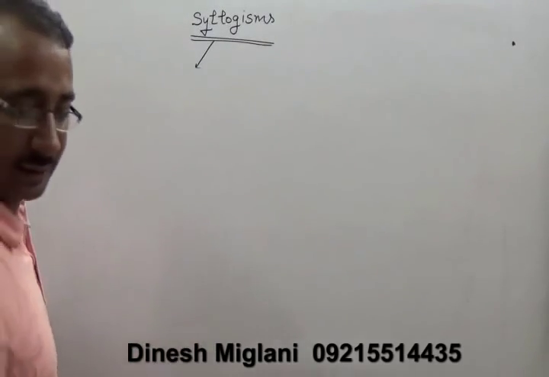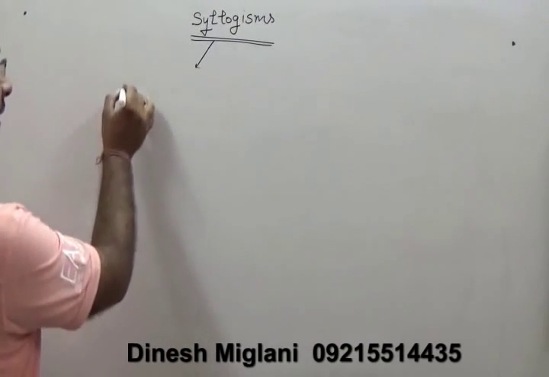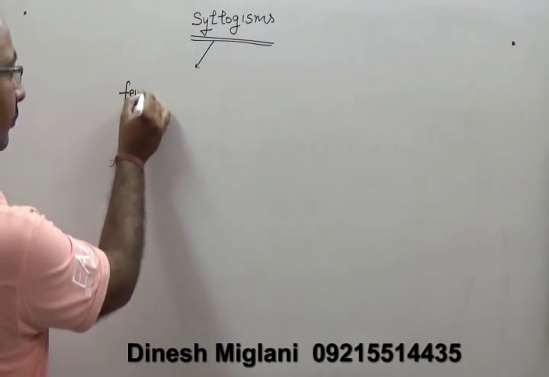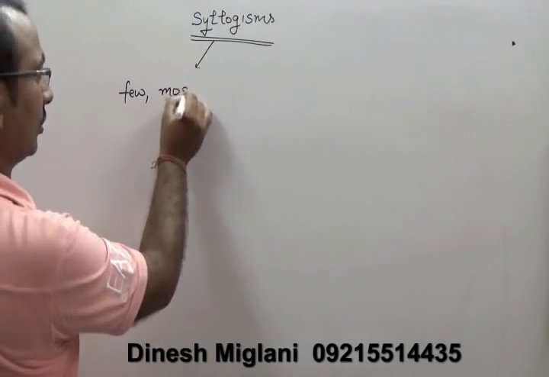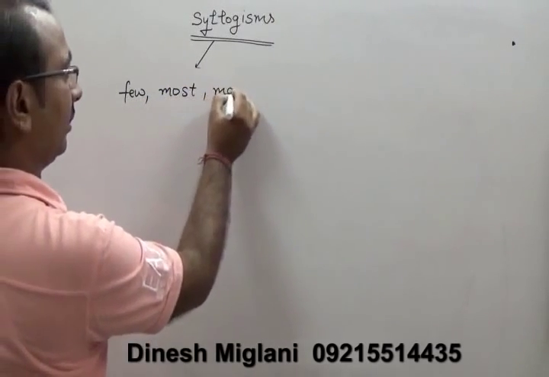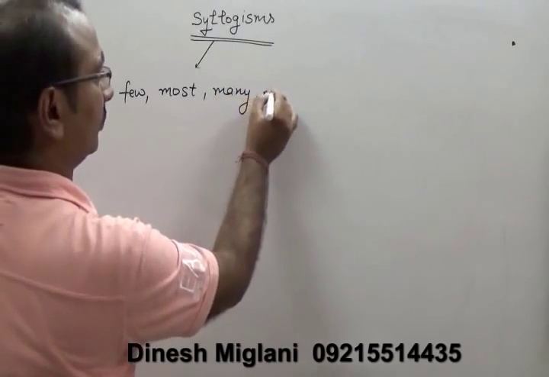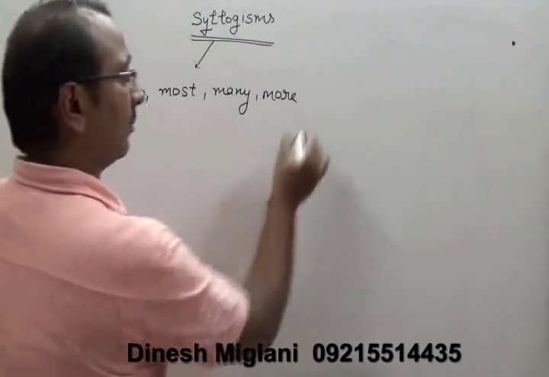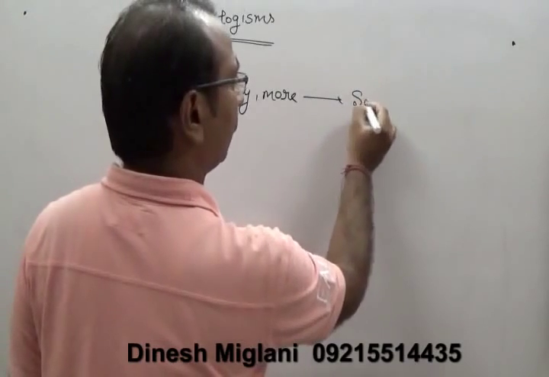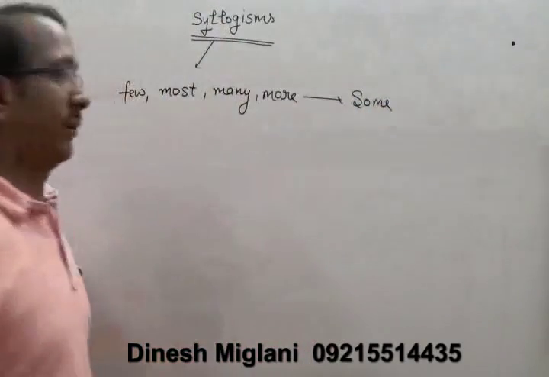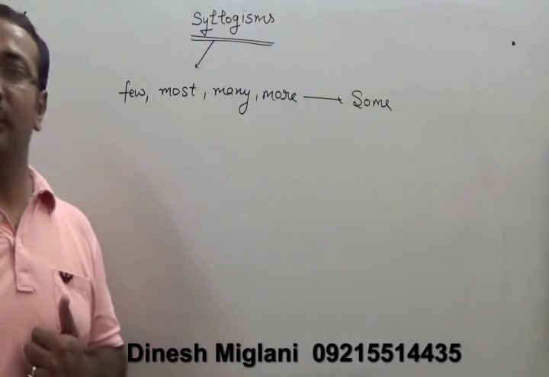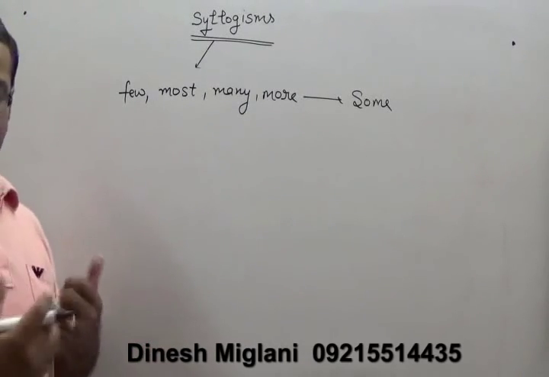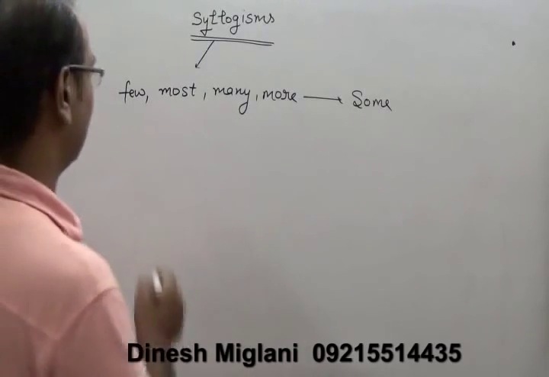The first thing is that we use some basic terms: few, most, many, more. The meaning of all these terms is some. If I say many things, or most things, we cannot say all. It simply means some.